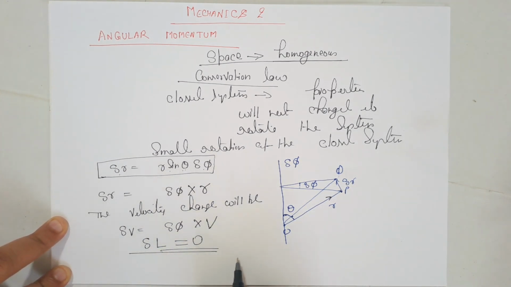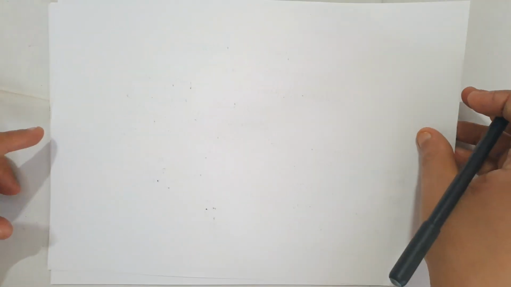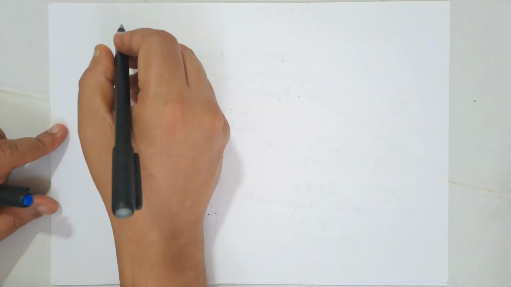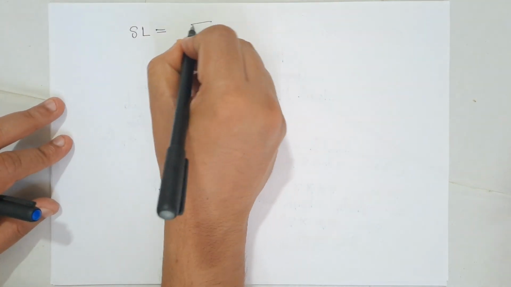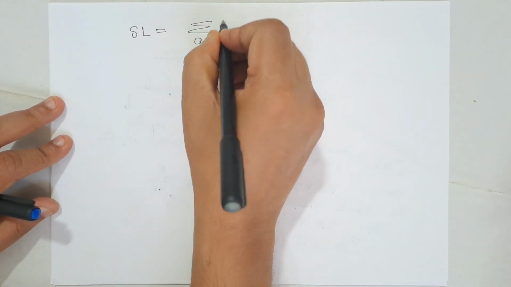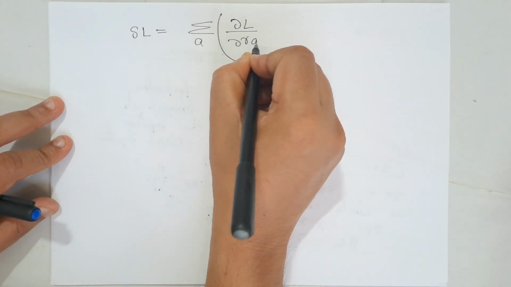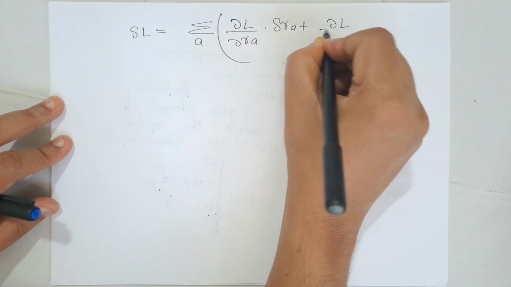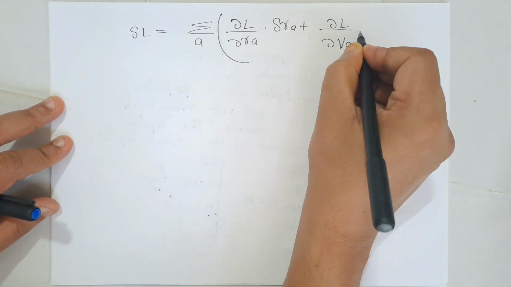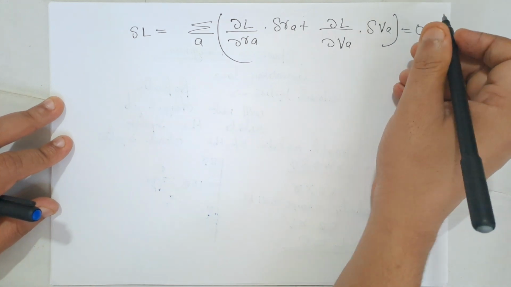Delta L is 0. It means delta L equal to the summation over a of partial L by partial r_a dot delta r_a plus partial L by partial v_a dot delta v_a is equal to 0.